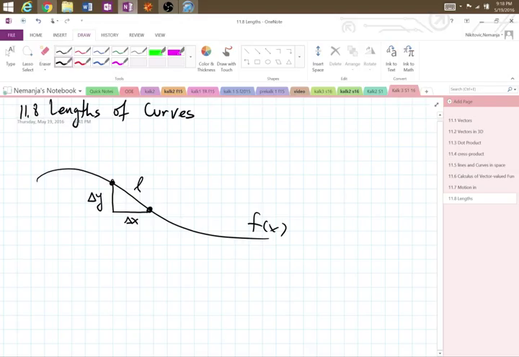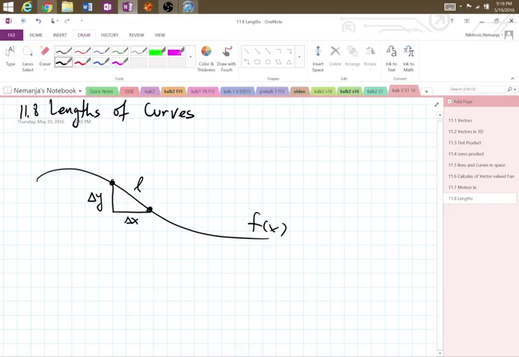It's not a triangle because it is a curve, right? The alleged hypotenuse here is a curve. But you know what? For sufficiently small, it's close enough. So we can approximate the length between those 2 points with the Pythagorean theorem.